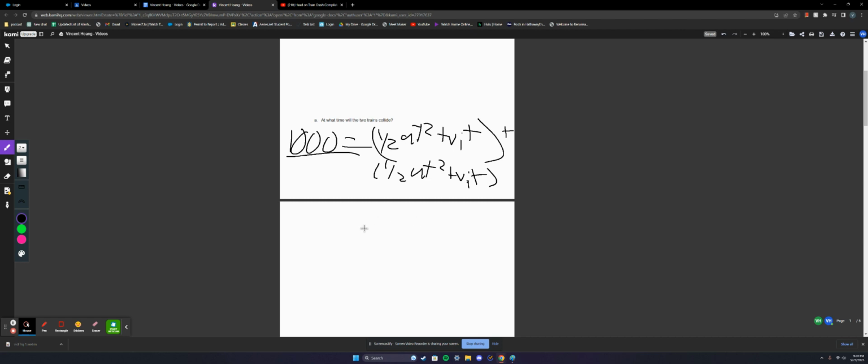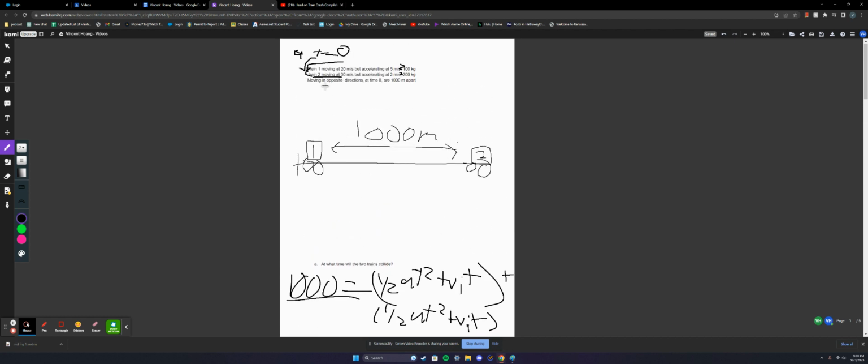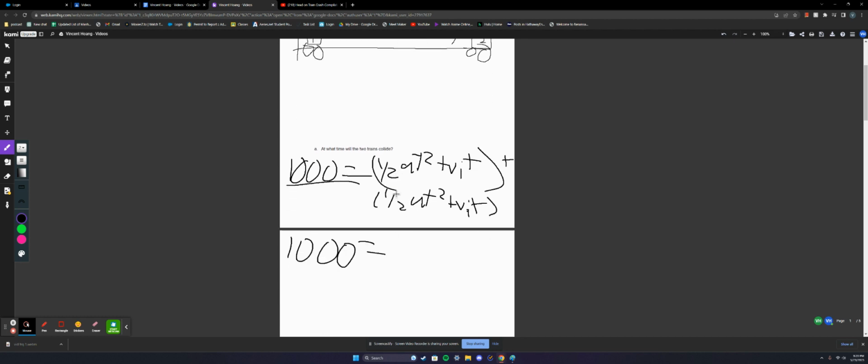Now we can start plugging in what we know. So 1,000 is equal to 1/2 a, and we'll do train 1 first. What is train 1's acceleration? 5. 5 divided by 2 is 2.5 t squared plus v_i t.